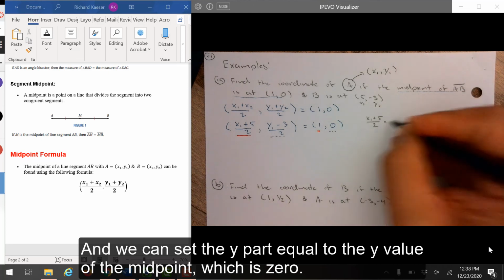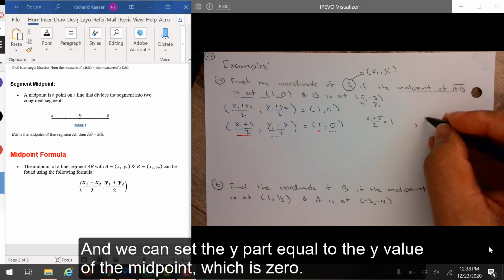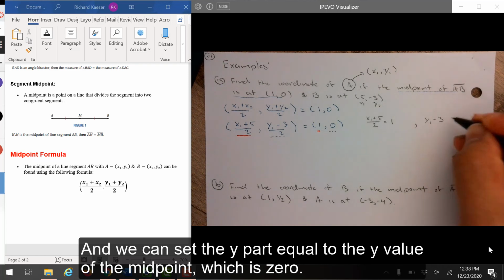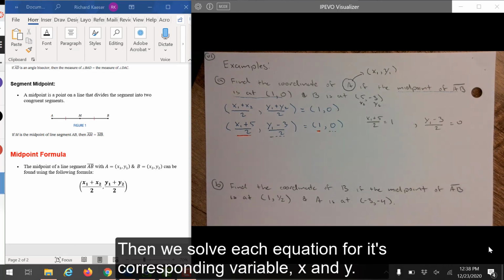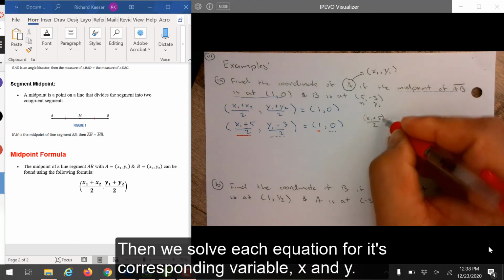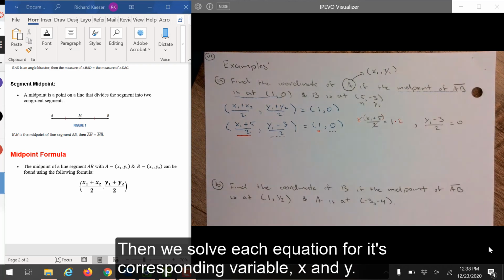And we can set the Y part equal to the Y value of the midpoint, which is 0. Then we can solve each equation for its corresponding variable X and Y.